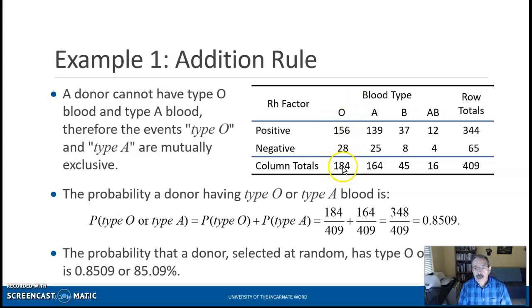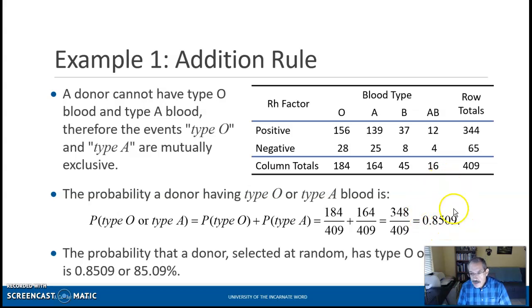There are 184 individuals out of the 409 individuals that donated blood that have type O, and there are 164 out of the 409 that have type A. So if you add these numbers, you get 348 out of 409, and if you carry out this division, you find 0.8509.